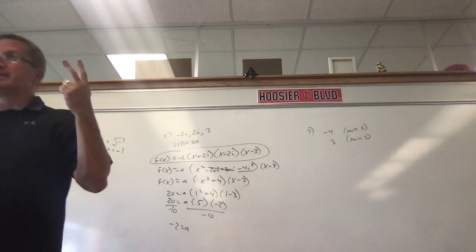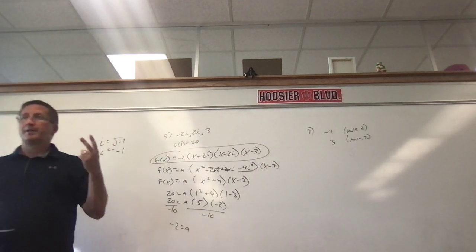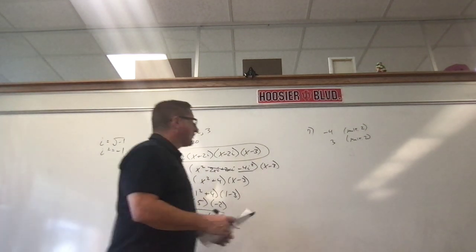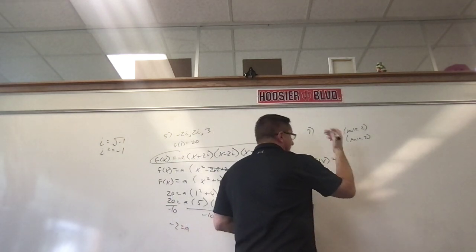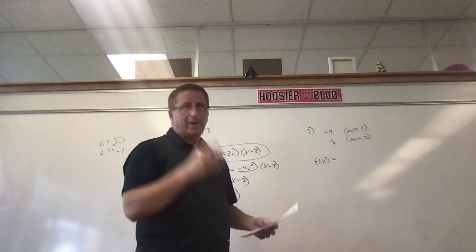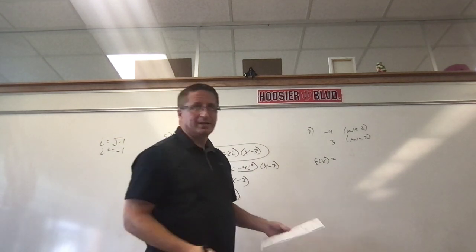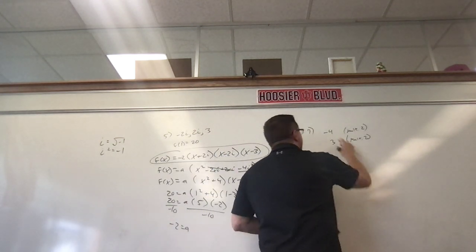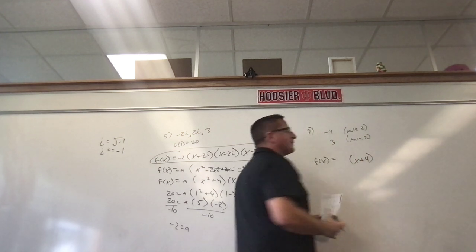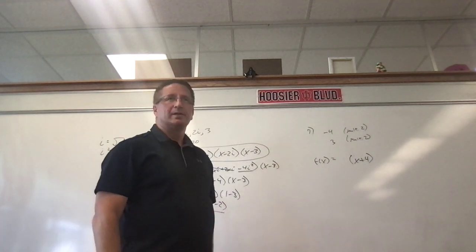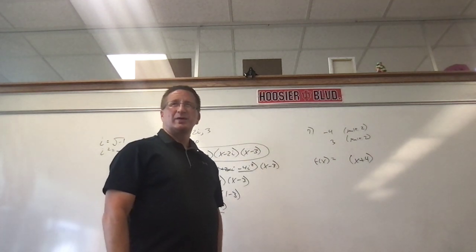Where? At negative 4 and 3. So f of x equals a, well, we know a is 1. If you want to put 1, go ahead, or just don't put anything. x minus 4. I'm sorry, negative 4 is my zero, so x plus 4. But it's multiplicity 2. You guys remember how that alters your equation a little bit?